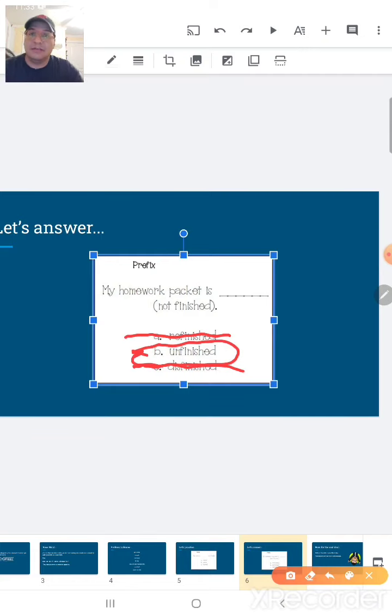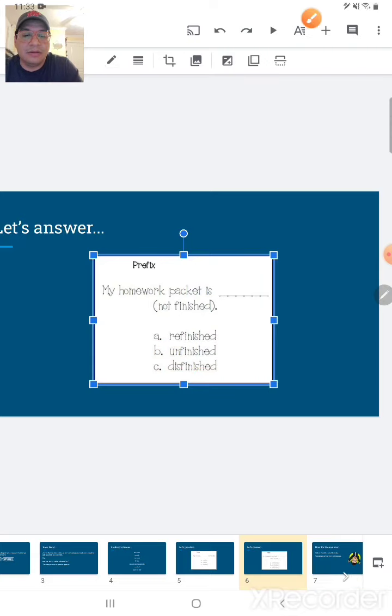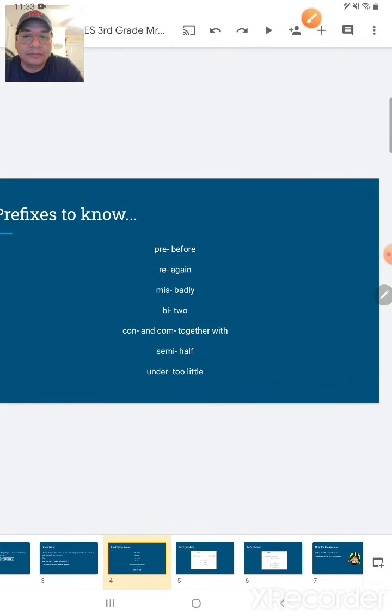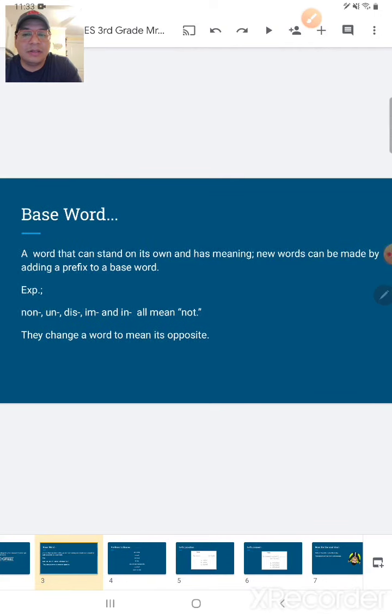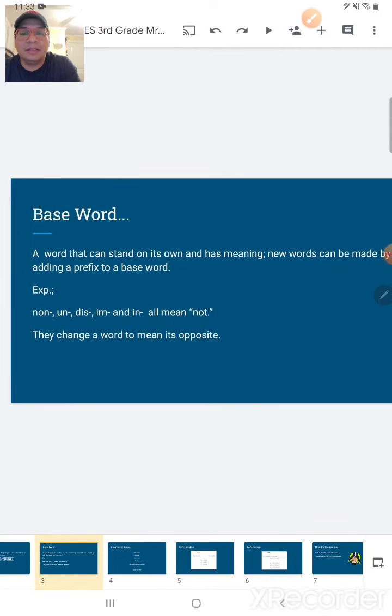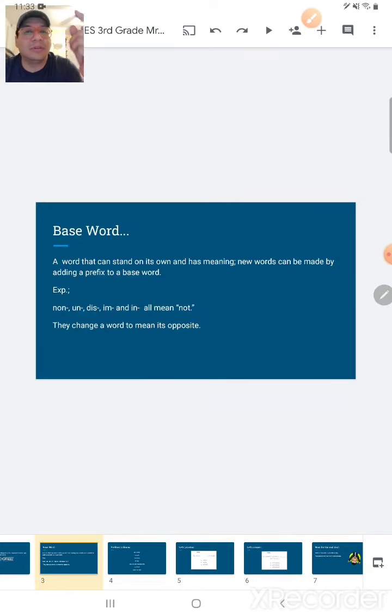Once again, guys, if there's something misleading or something you may not understand, let's go back on that one. Here are the choices. Meaning not, dis, and un. Even though they mean the same thing, we also have to go by ear. What sounds right, what sounds correct, and prior knowledge, which word actually sounds good. We could also look it up to make sure that these words make sense, right?